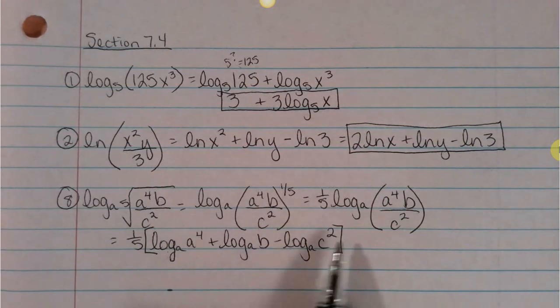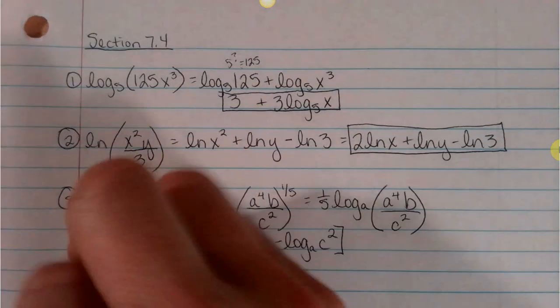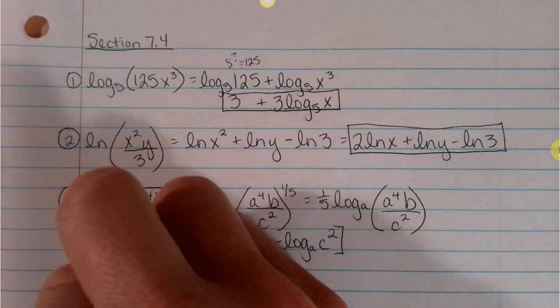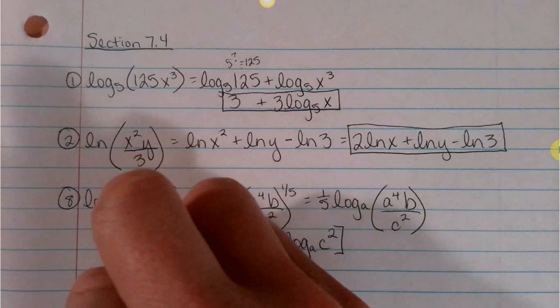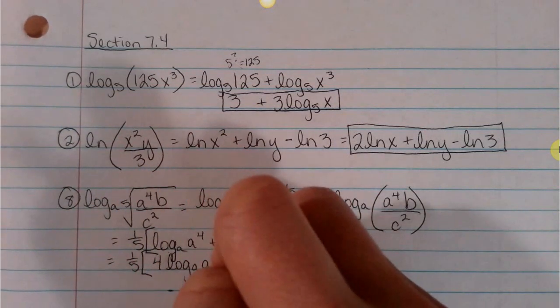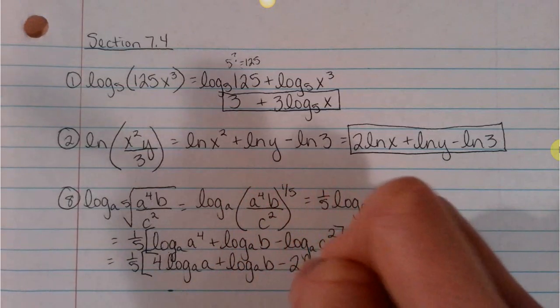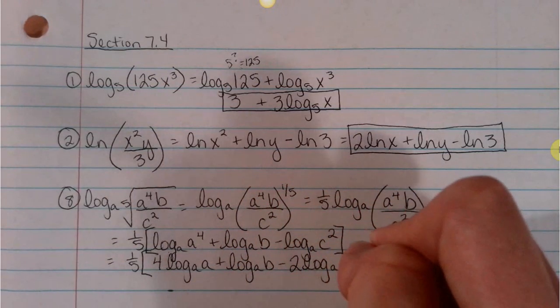And then I have a couple of exponents in here that I can bring down in front of their respective logarithms. So that would give me 1/5 times 4 log base a of a plus log base a of b minus 2 log base a of c.